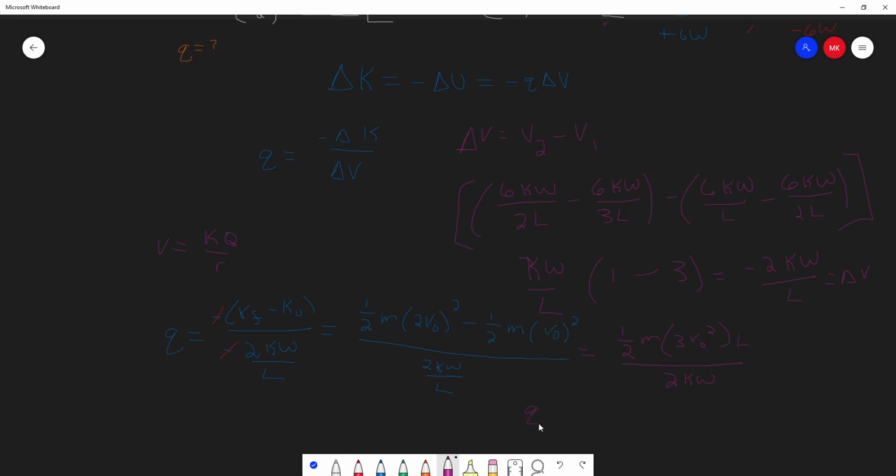So this simplifies to 3m v naught squared L over 4kW. And that is our charge.